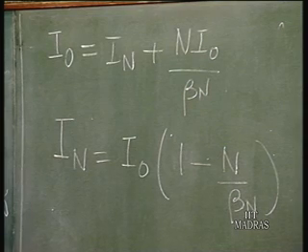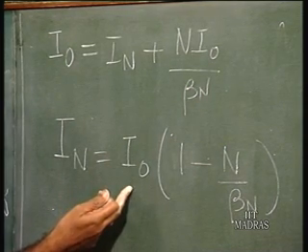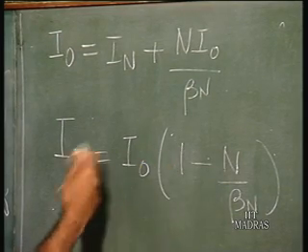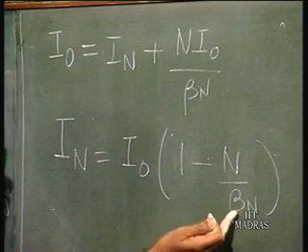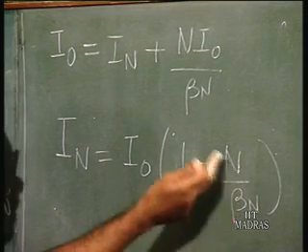All right. So, again it is proportional to I naught, and the noise margin is going to be larger when of course beta n is large compared to n.